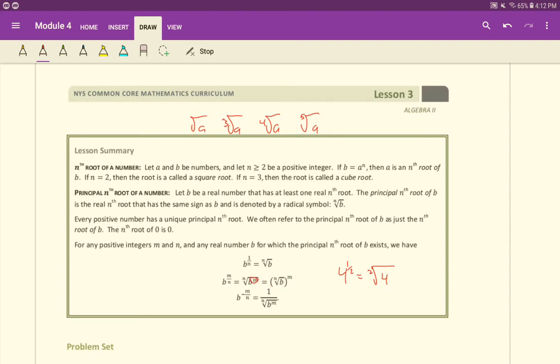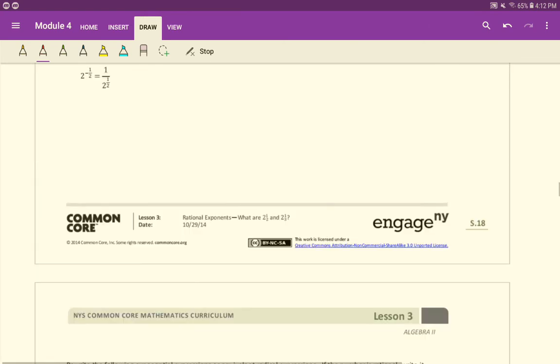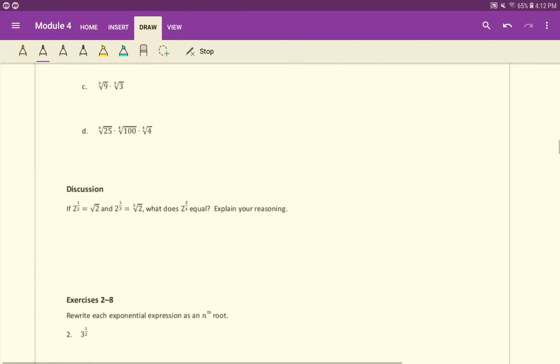Here the m is inside with the b, and the nth root is on the outside. Here the nth root is on the inside, and the power of m is on the outside. Either one is acceptable, and they're both equivalent to each other. Of course, if you throw a negative in front, the same principle applies as in earlier times: the negative moves it to the denominator, and positive exponents then. Okay, so let's take a look at that in practice up here, and I think it'll make more sense when we see some problems.